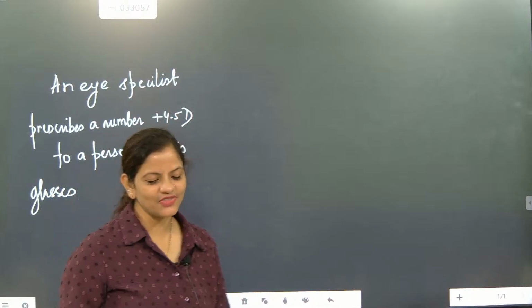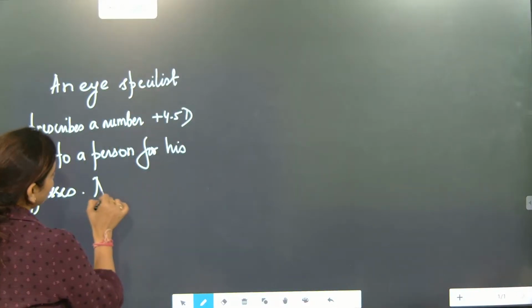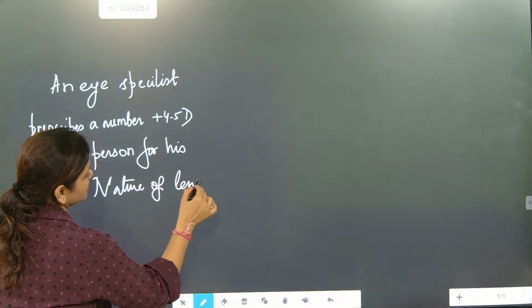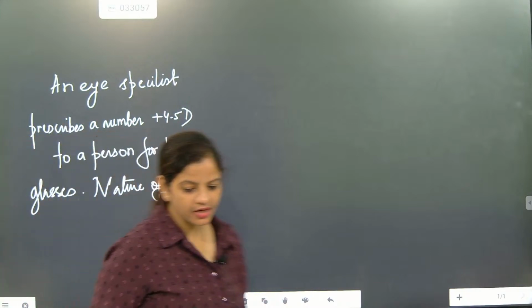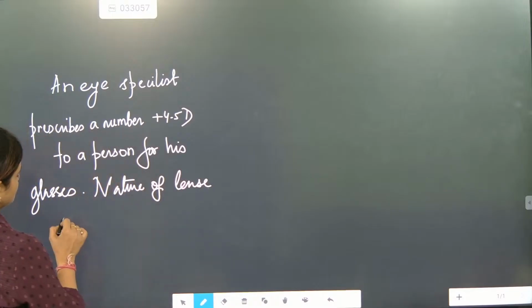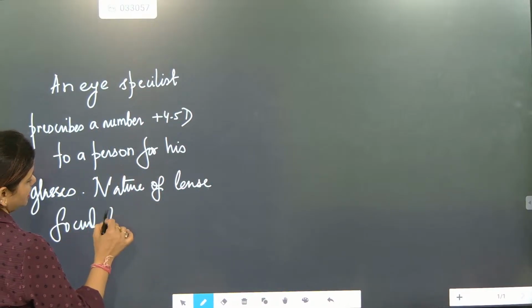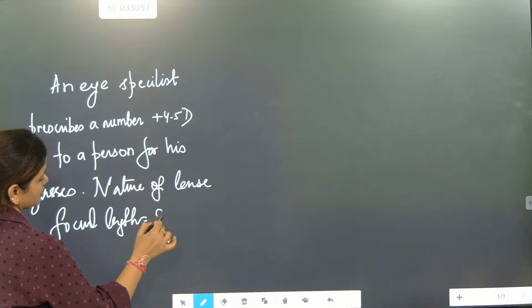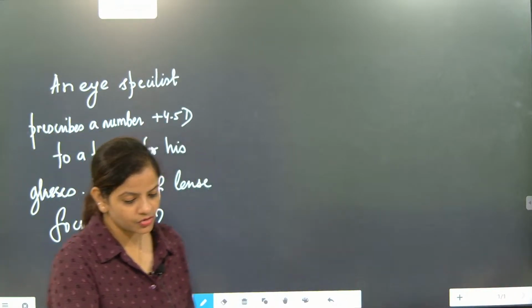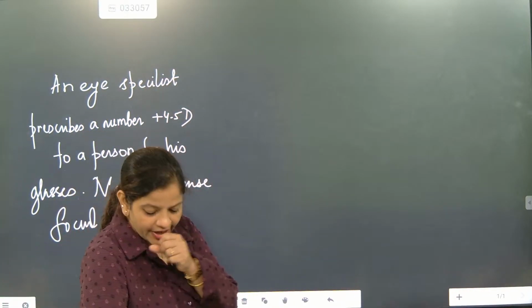What is the nature of the lens? Tell me. Nature of lens. Wow, super. What is the focal length of the lens? 2 by 8. Just solve and show. Ma'am, it is plus.